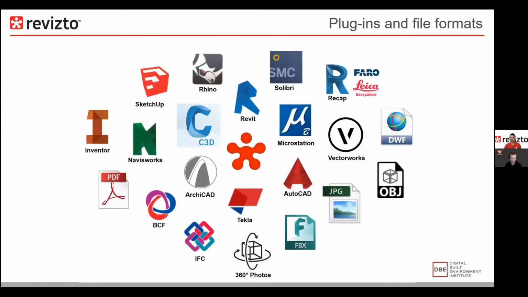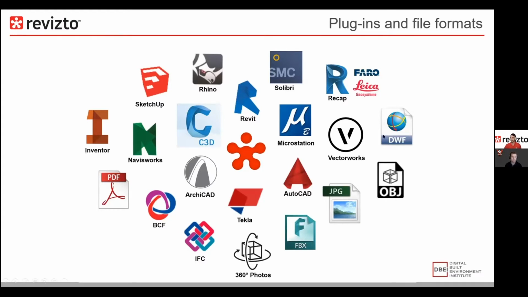Now, when I say we're an integrated collaboration platform, Revisto is basically a cloud platform. All the data of Revisto is in the cloud, and it connects the project teams directly and in real time. We also integrate with a bunch of different file types and softwares to allow for teams to work much more easily and share information easily.